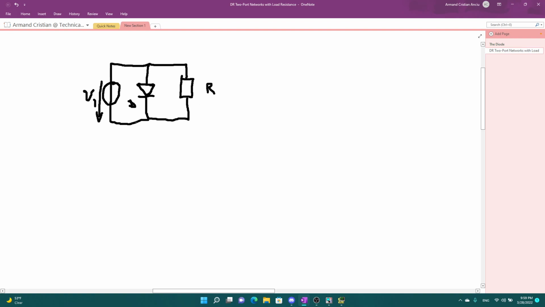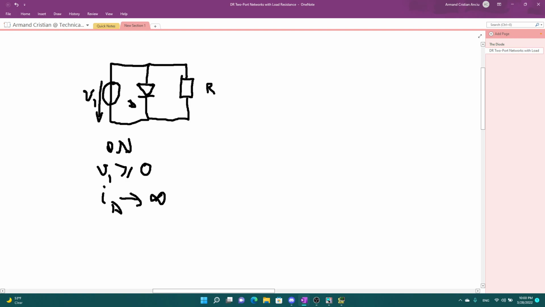Well, when the diode is in the on state, our diode and our resistor are in parallel. And that means that the input voltage should be greater or equal to 0, and the voltage source is short-circuited by the diode in its conduction state as the current through the diode tends to infinity.